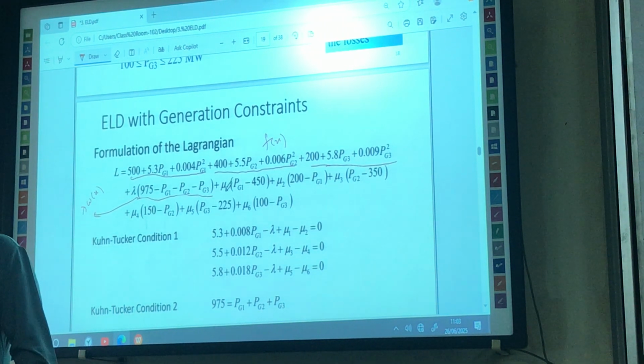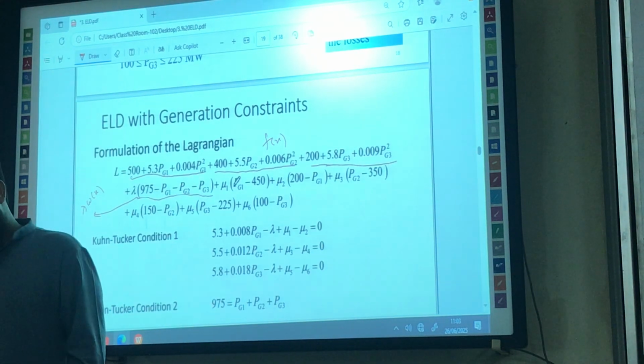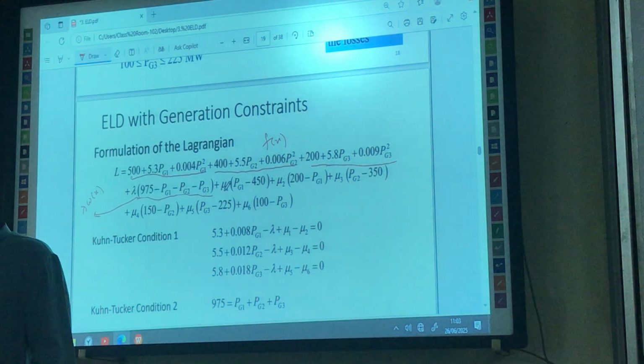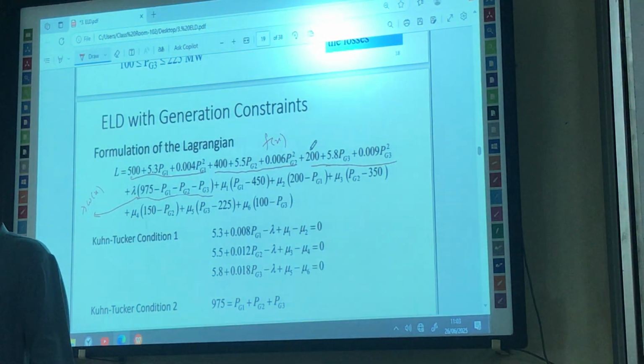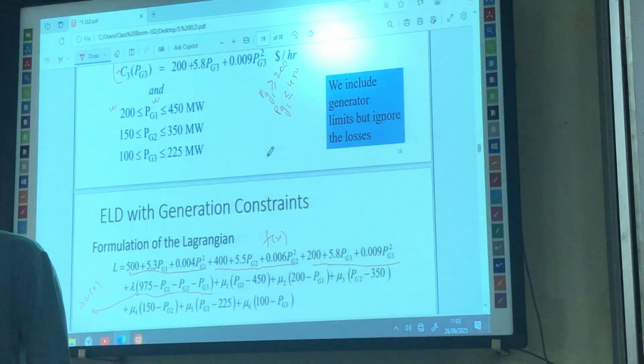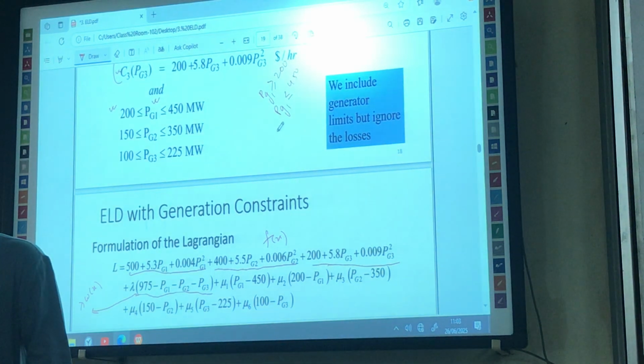Now let's come to the inequality part. Look, what was the first inequality constraint? Let's say in this problem, this is the first one, and this is the second one. You can name it like that. So the first one is Pg1 less than or equal to 450, right?